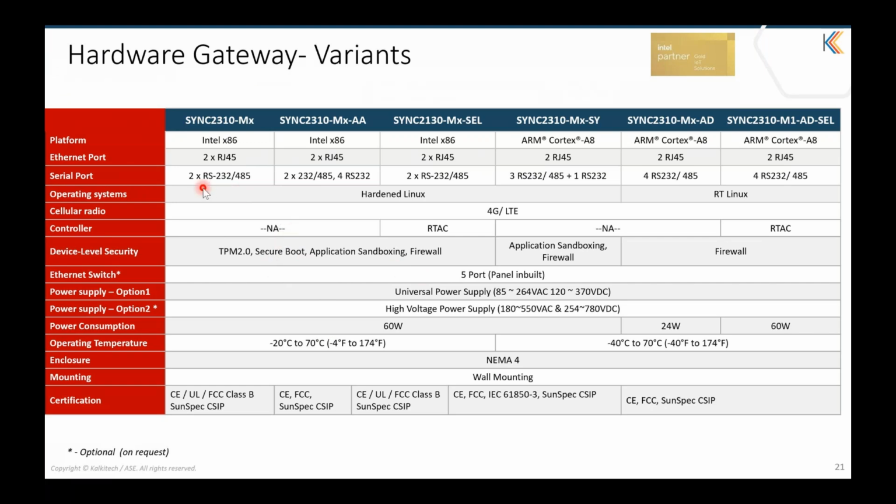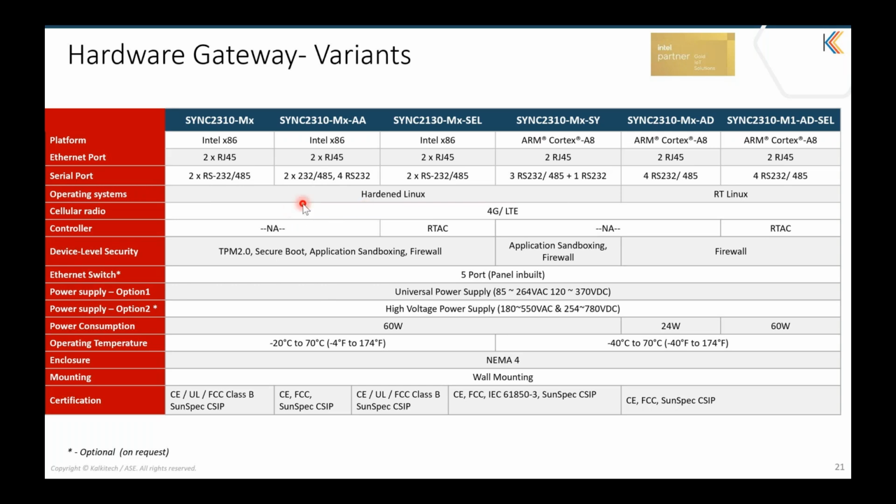And there are inbuilt serial ports depending upon the model. There are different combinations: two serial ports with RS-232 to 485, and six serial port options, four serial port options also available. And this different hardware has different levels of security.